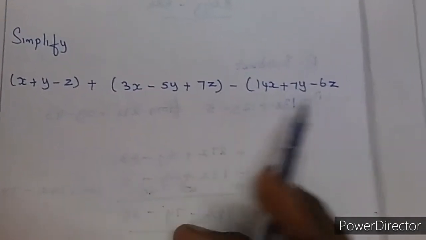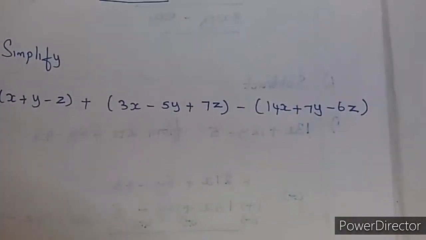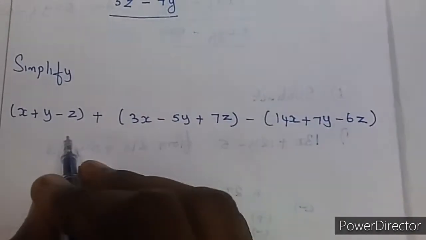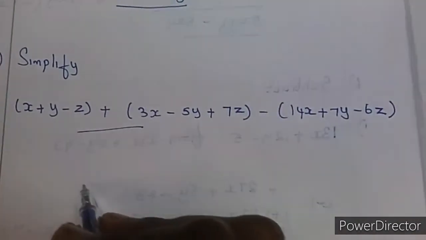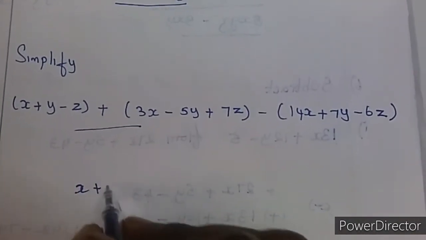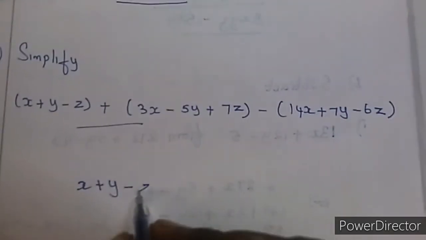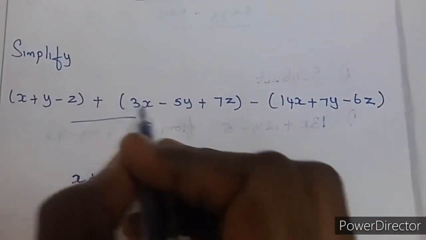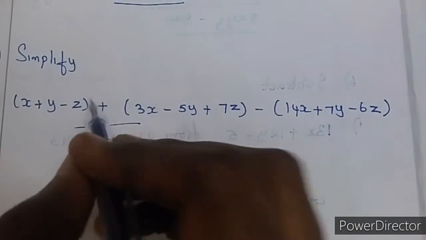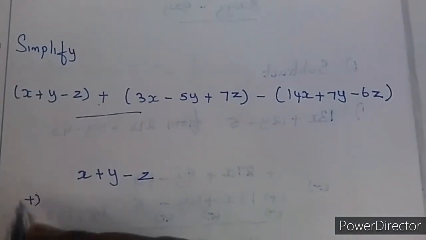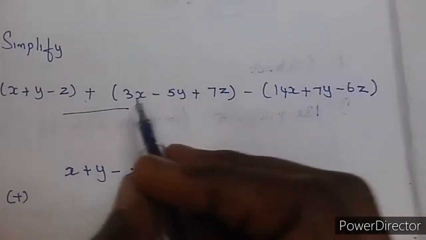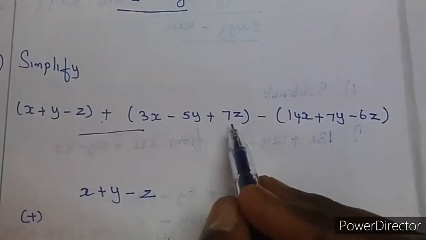First they gave 3 expressions in the question. First we will try to arrange these two expressions, x plus y minus z. Here in between the brackets they gave add, so we have to add these two expressions.